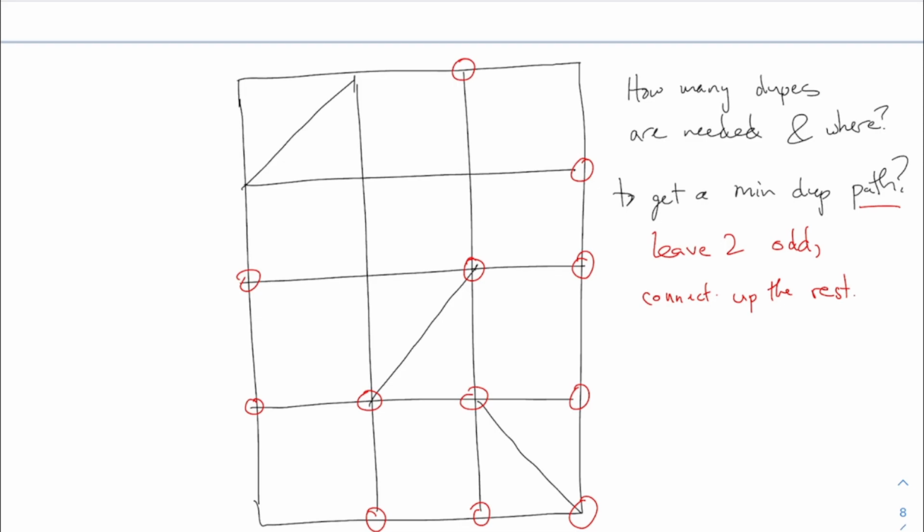Maybe I'm a little bit worried about this guy, right? This guy can only connect directly to that one. So maybe I will make sure that's going to be one of my duplications. That handles those two. And then you just have to try to pair them up in some natural way. And I think it's not so hard. There's many ways to do this. How about I take this diagonal here, maybe these two guys at the bottom, maybe this diagonal here, and these two guys over here.